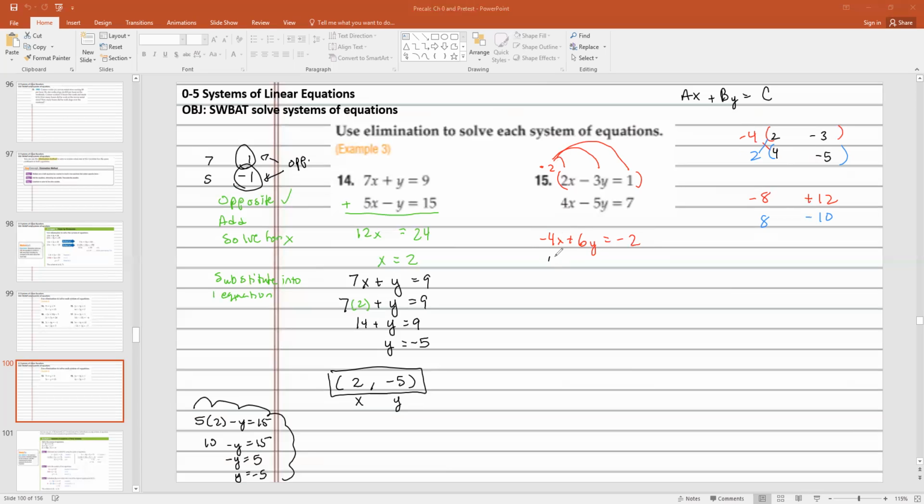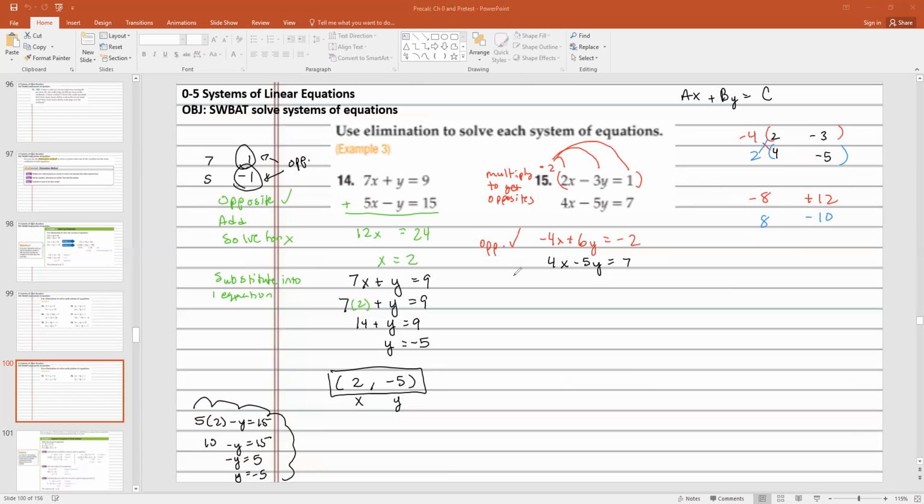And the second equation didn't change at all. All right, now we have opposites. Yay.